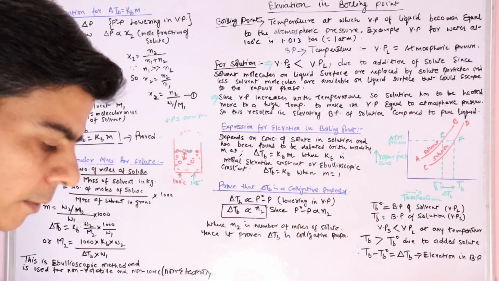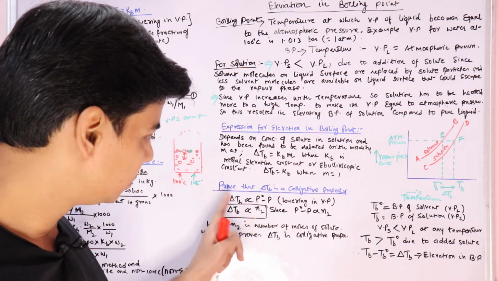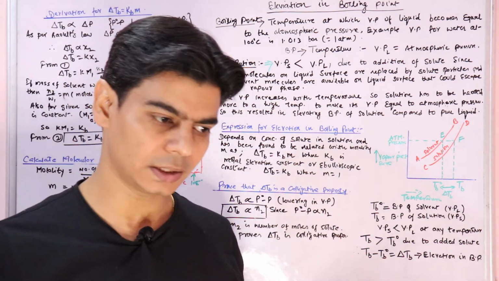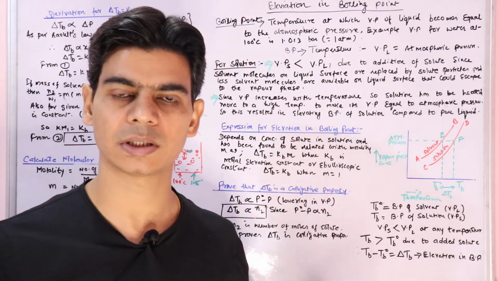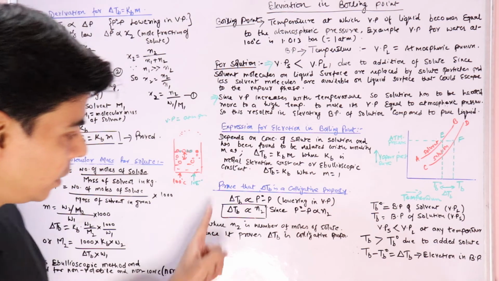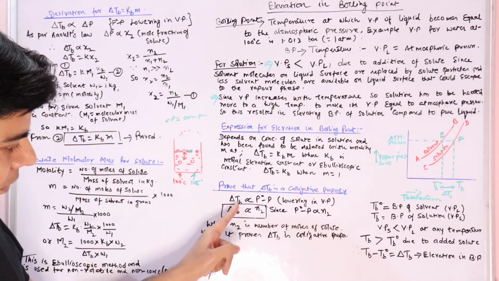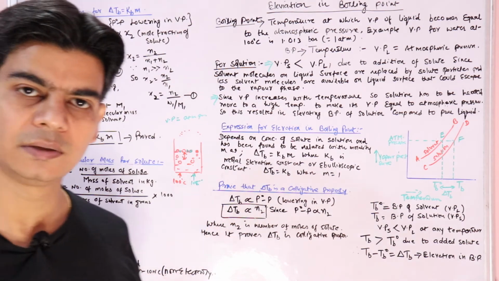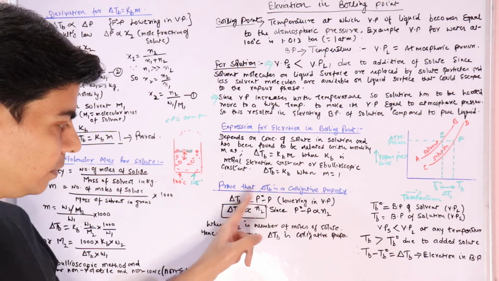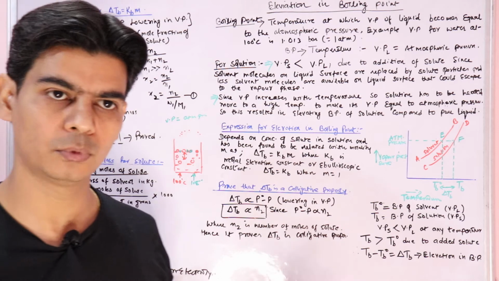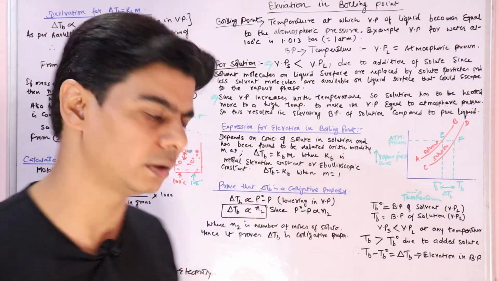And we know that properties that are directly related to the number of solute particles are colligative properties. So from here we proved that delta TB, the elevation in boiling point, is directly proportional to the moles of solute. Moles of solute is the number of solute particles.